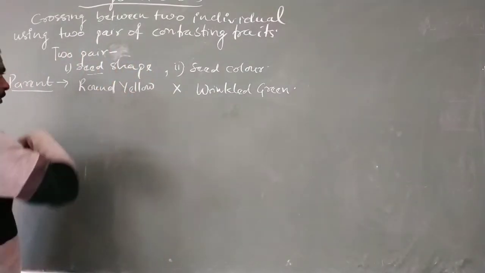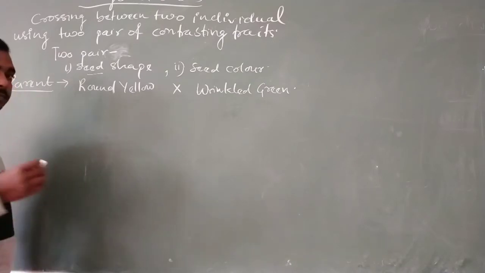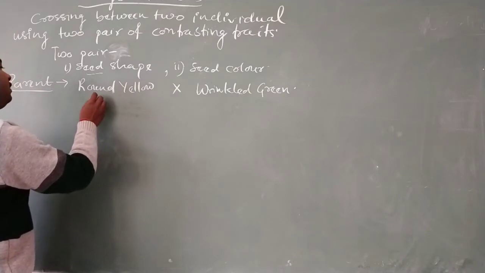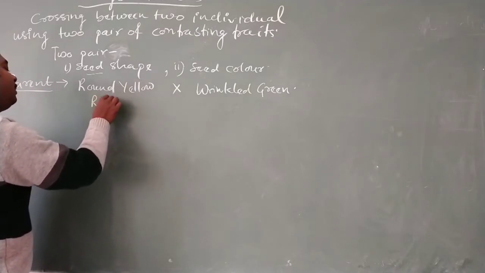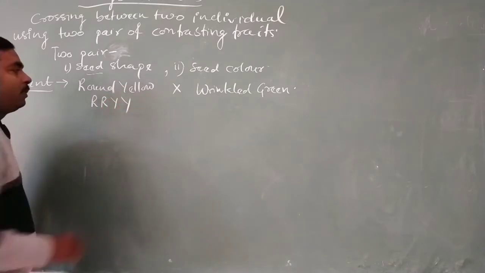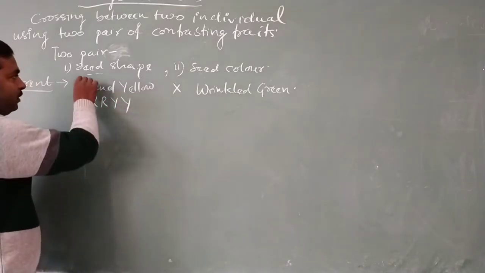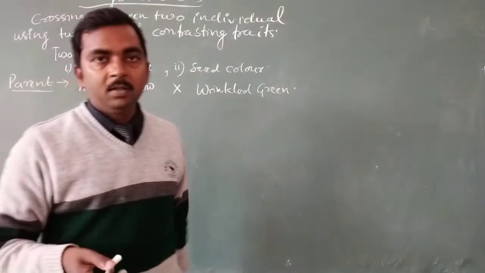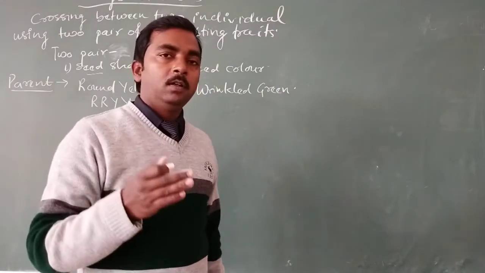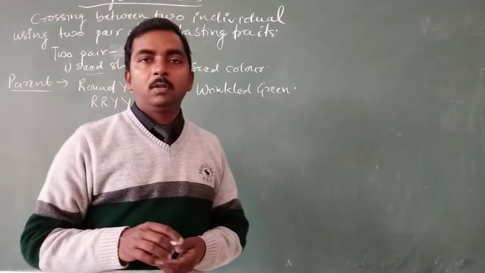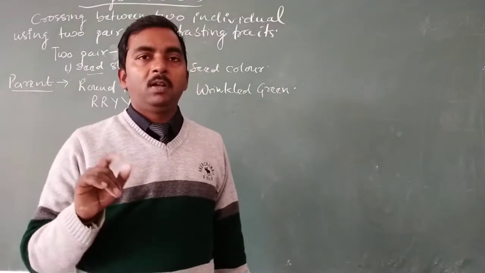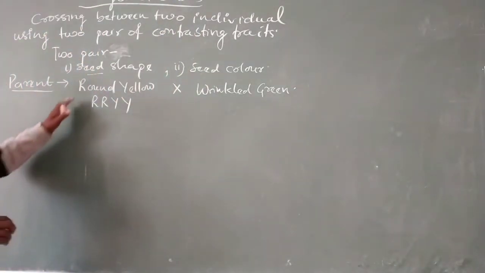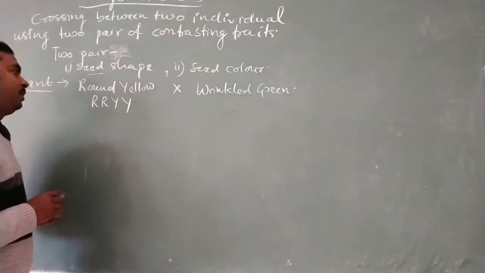In dihybrid cross, the genetic representation of round yellow is given as capital R, capital R, capital Y, capital Y. This is on the basis of the first letter of the dominant trait. We can also use the first letter of the recessive trait, so we would use capital W, capital W, capital G, capital G. But here we will use the first letter of the dominant trait.